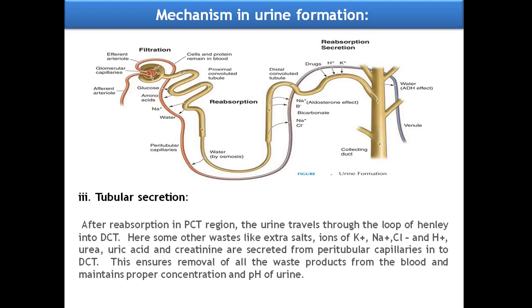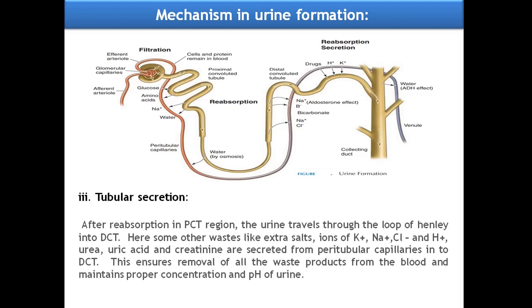It ensures the removal of all waste products like urea, uric acid, creatinine and salts, ions like potassium, sodium, hydrogen, etc. from the blood, and this maintains the proper concentration and pH of the urine. So in the DCT region, the materials which are not useful to the body, like urea and uric acid, are secreted from the peritubular blood capillaries to the DCT.